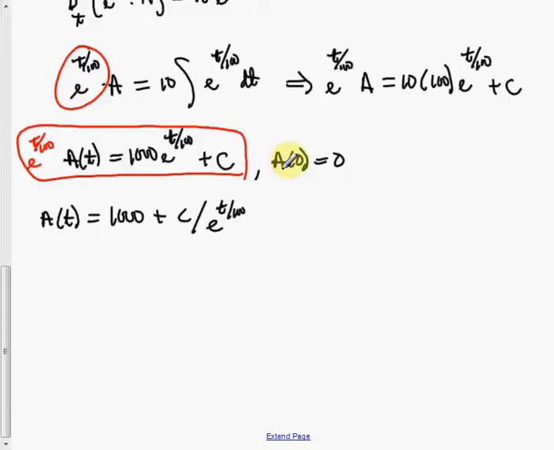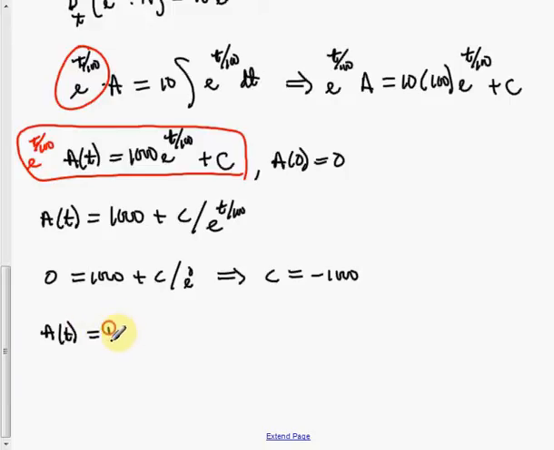And then now we use the initial condition A of 0 equal to 0. So we have 0 is equal to 1,000 plus c all over e to the 0. So that implies that c is equal to negative 1,000.